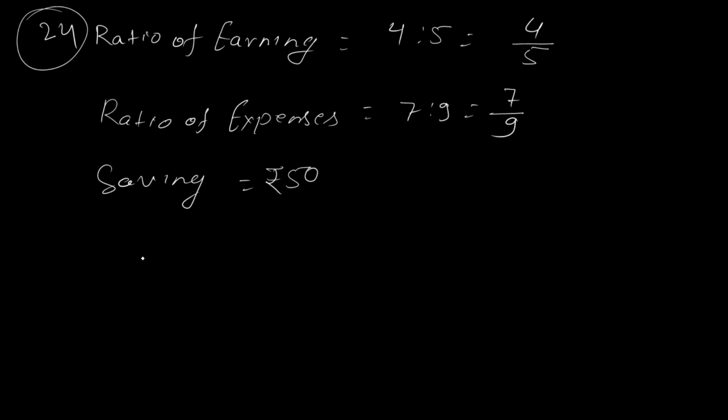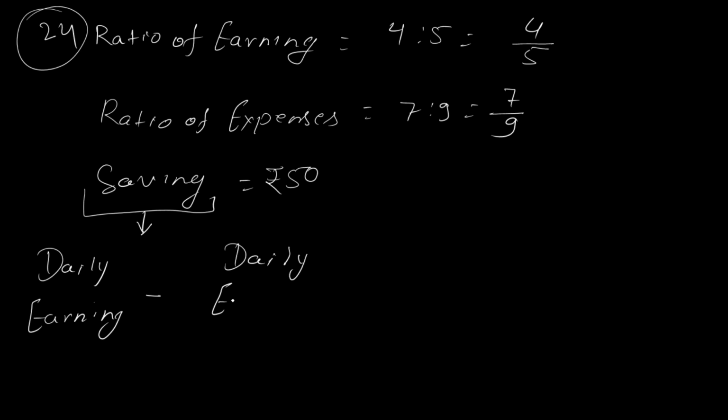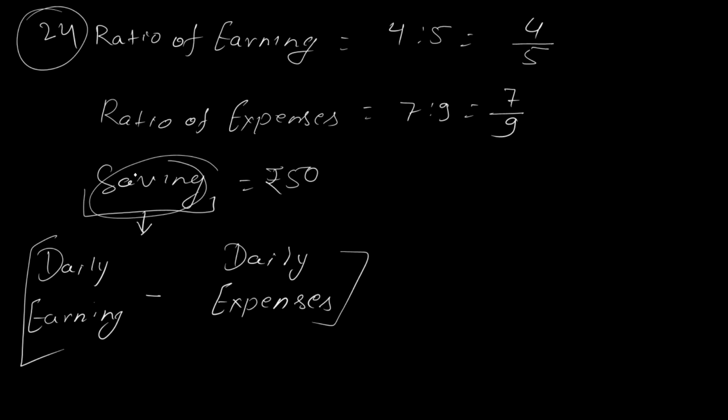बेटा आप मुझे बताओगे, सिंपल फार्मूला आप मुझे बताओ तो सेविंग इक्वल टू क्या होगा? तो आपका डेली अर्निंग माइनस बेटा आपका डेली एक्सपेंसेस. अरे बाबा समझ में आया? आप बताइए मुझे, सेविंग इक्वल टू क्या होगा? What would be the saving?